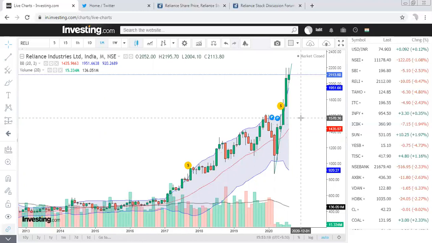Another important fundamental news here is the AGR case, which is going in the Supreme Court. The Supreme Court has pulled up Reliance for not having paid the AGR fees while using the spectrum from Reliance Communications.